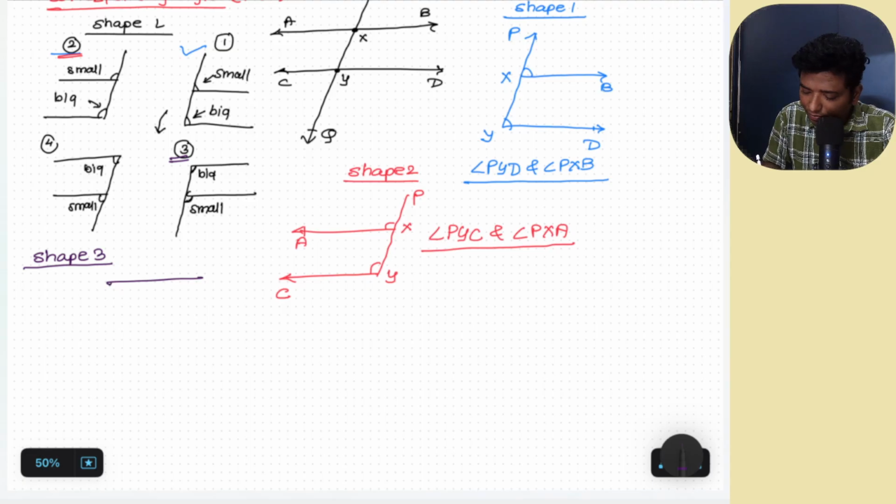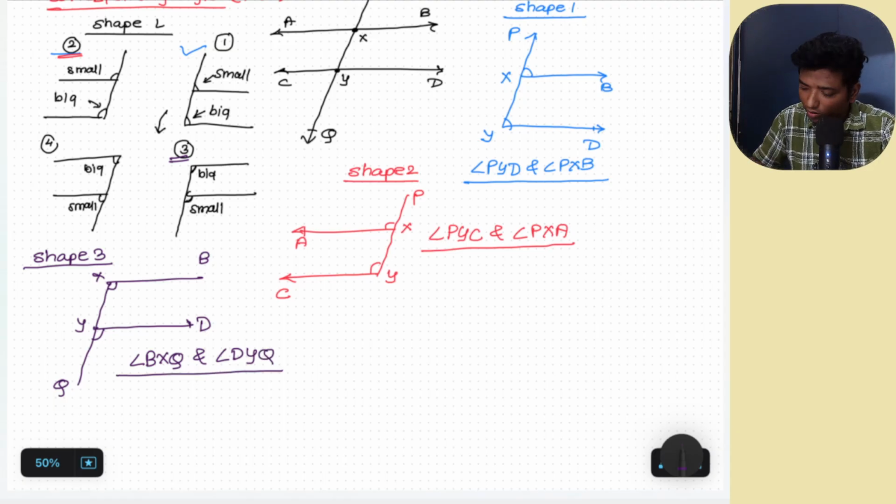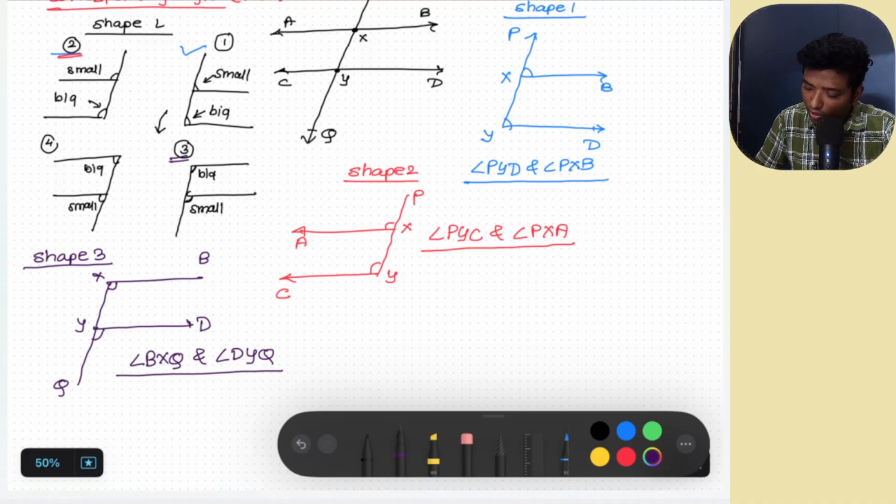Here, E, X, Q is the bigger L, and within the bigger L, there is BYQ, the smaller L. Right? So I will write angle XQ and angle BY. This is the third pair of corresponding angles that we got.